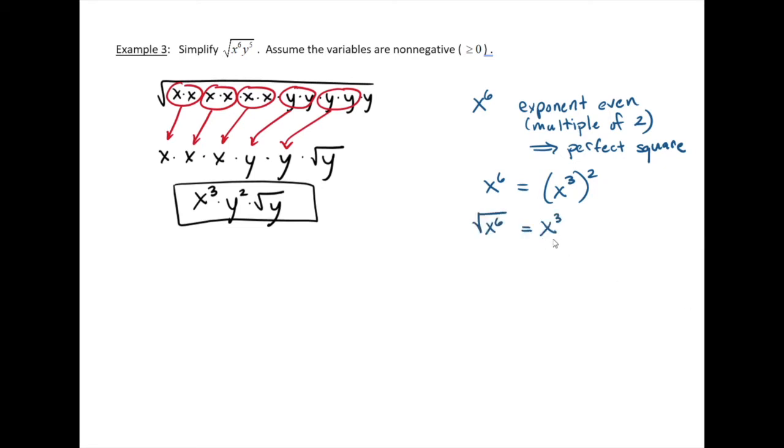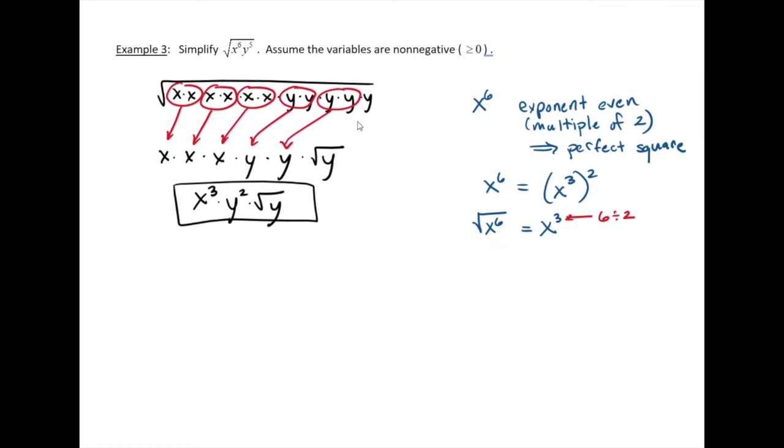And this is exactly the square root that we got when we used the alternative method here. And the shortcut for taking the square root of a variable raised to a power is to divide that exponent by 2. But we'll only be able to do this if the original exponent is a multiple of 2.